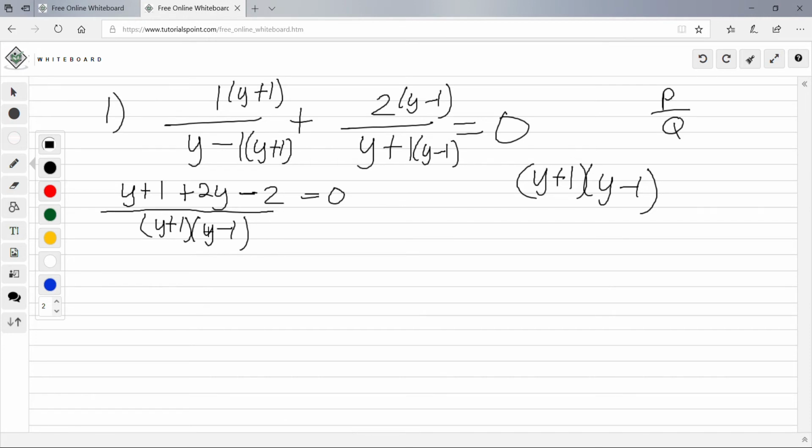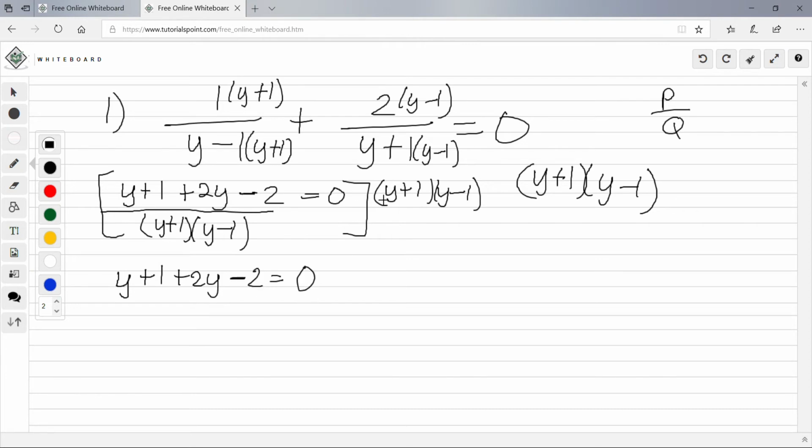You'll see that the common denominator will cancel, because if you multiply right and left by the common denominator, y plus 1, y minus 1, the right side is 0, and then this just cancels. So you're just left with y plus 1 plus 2y minus 2 equals 0, because 0 times anything is 0.